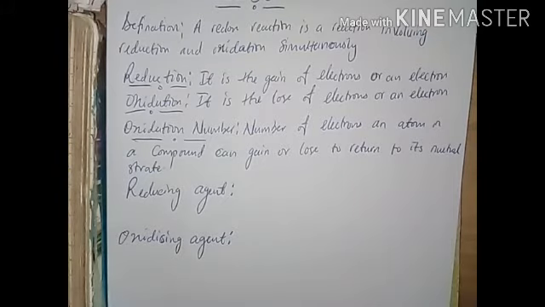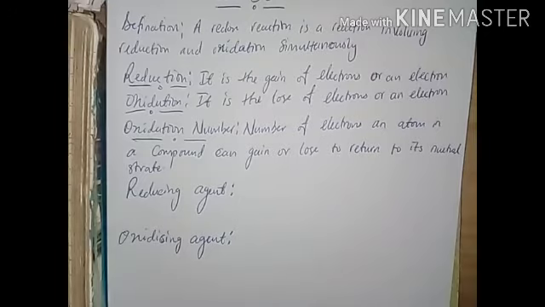Bear in mind that a reducing agent in the process ends up being oxidized, because when the reducing agent loses electrons to reduce the other species, its number of protons becomes greater than the number of electrons, and so its oxidation number increases, and the other species' oxidation number reduces.